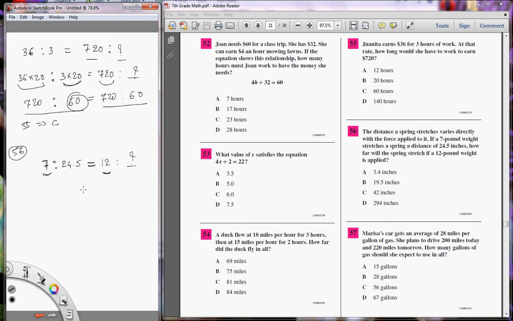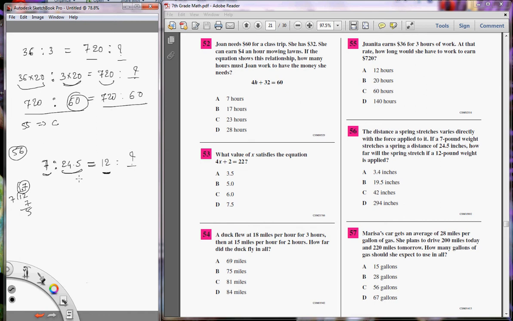Let's say the distance of the spring varies directly with the 7 pound weight, which stretches 24.5 inches. If you take 12 divided by 7, that is around 1.7.